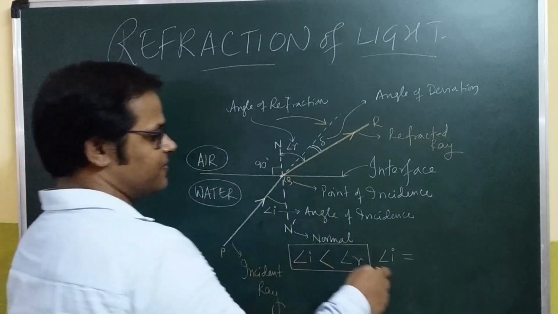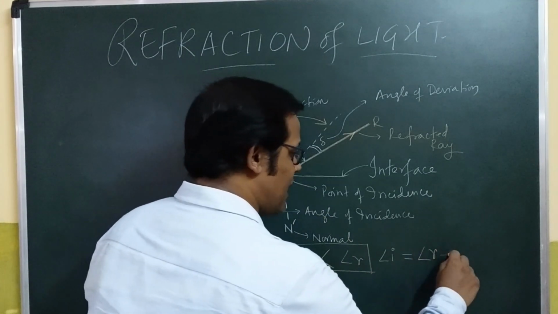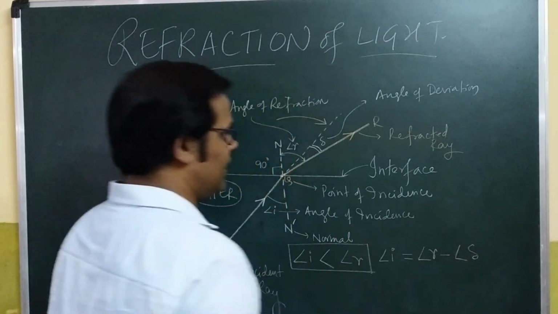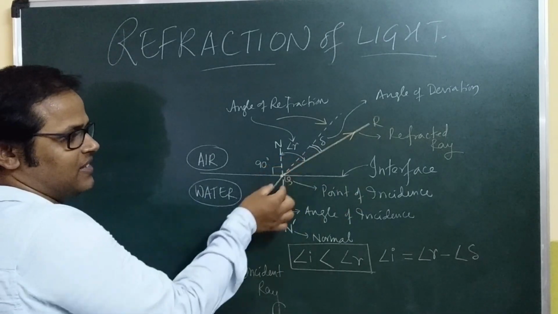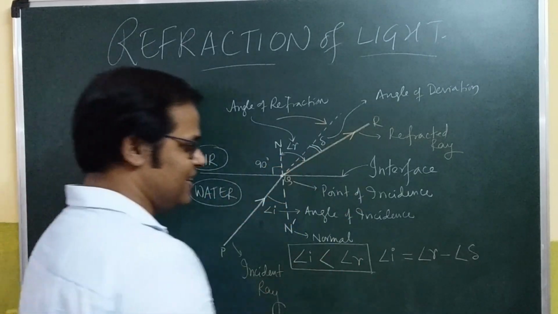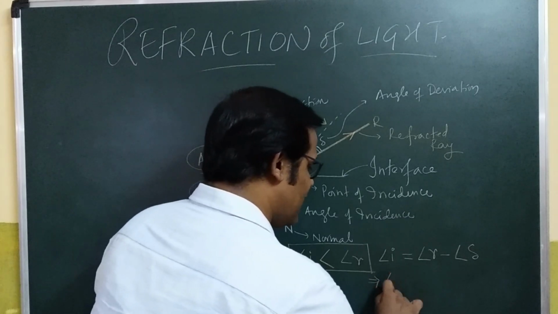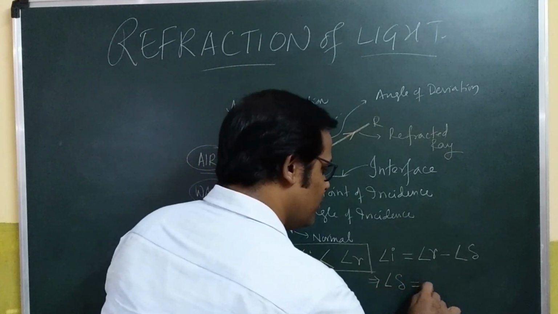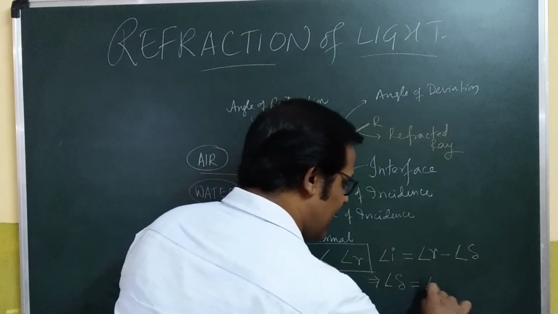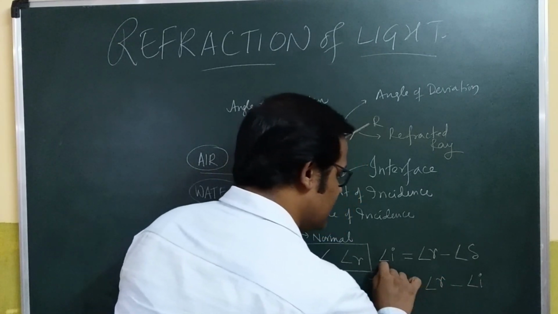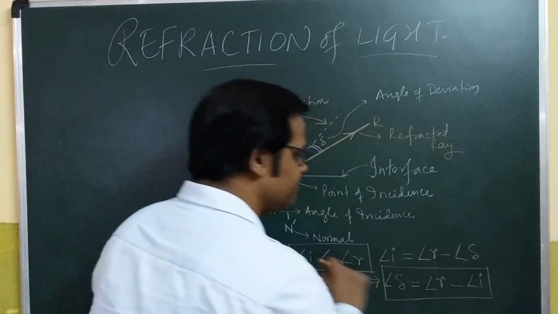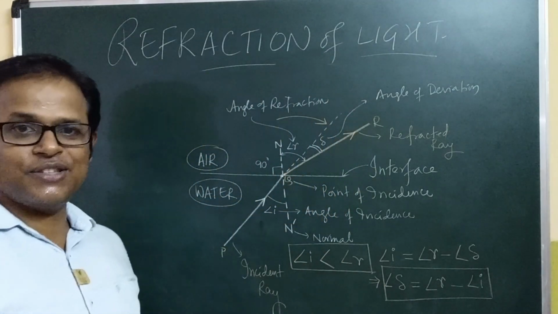Angle R minus the angle delta. If you just subtract this out, you'll be getting this equals to this. That's it. So from here, angle of deviation will be equal to angle of refraction minus the angle of incidence. That's your second case of refraction.